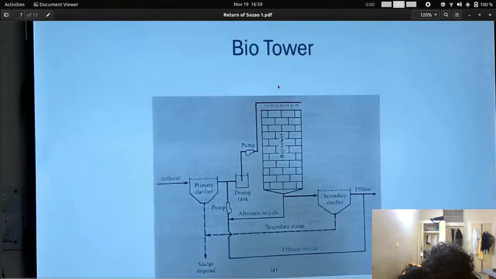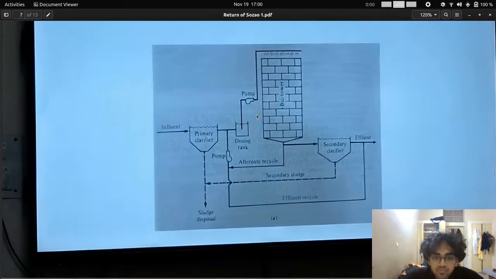Biotower. So there's a primary clarifier. It disposes of some sludge.